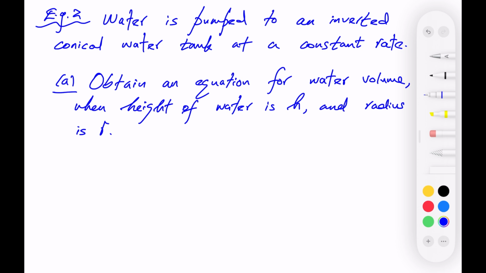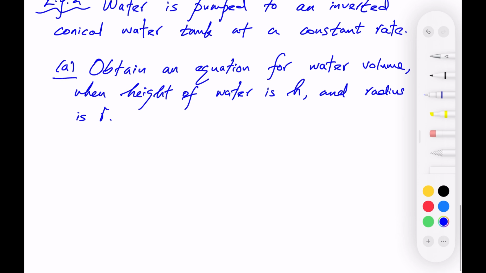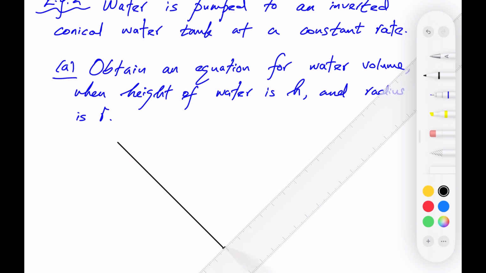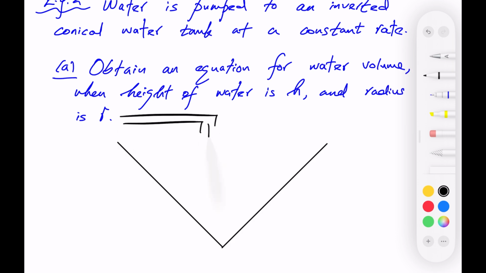So first we will go ahead and draw a tank. Let's say this is that tank and water is pumped into that tank like this. Once you pump water, obviously the water level will increase. Let's say the water level is somewhere here. All of this is water.